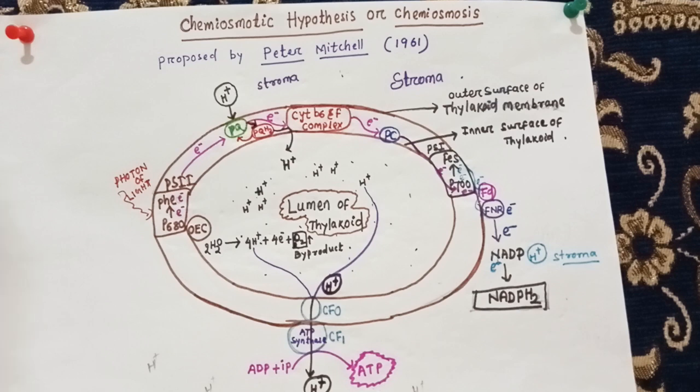It was first studied by Peter Mitchell. How can ATP be generated inside the chloroplast, which is utilized for the synthesis of glucose as an energy source?